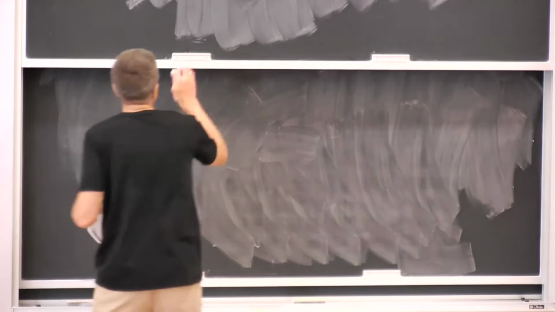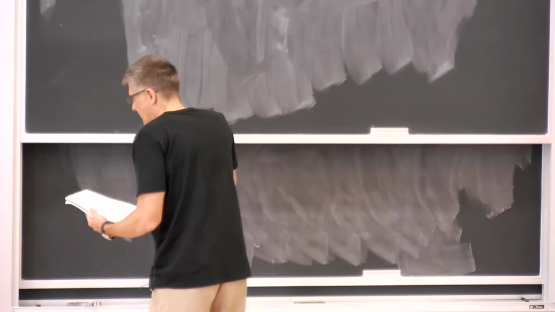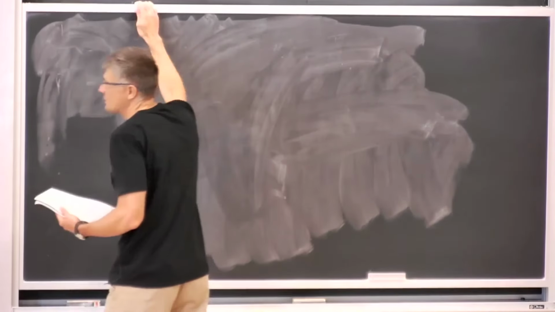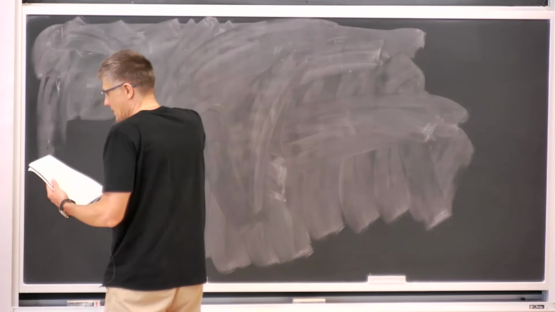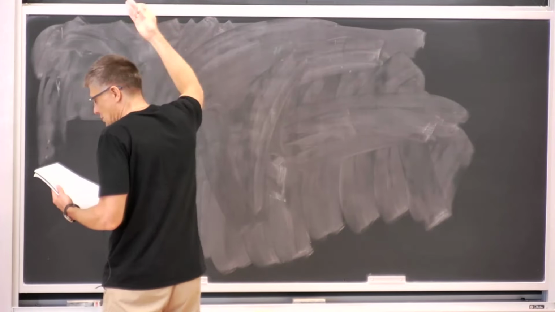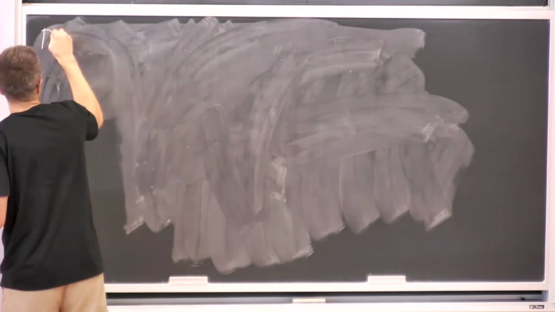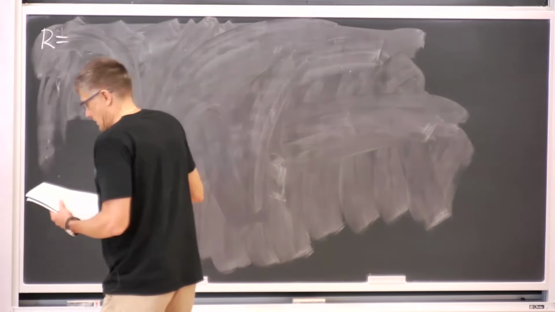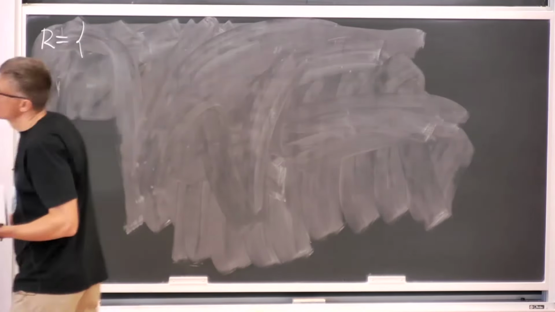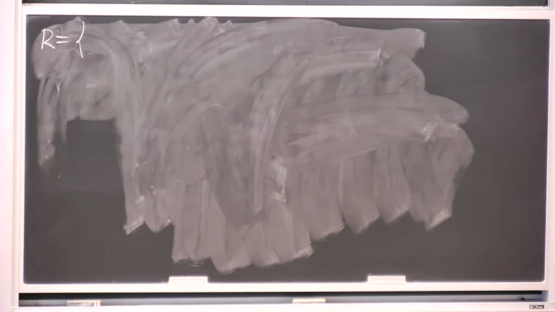Okay, so now let's see how that relates to the main subject of our school, the toric topology and polyhedral product. So, okay, so you have now this group R, which is formed by those exponents.